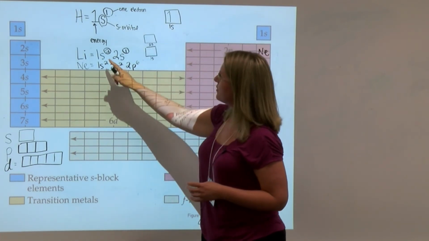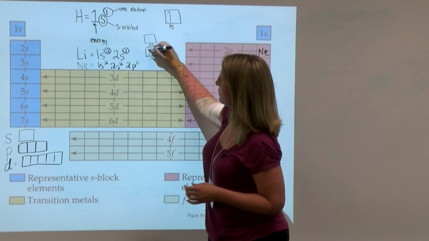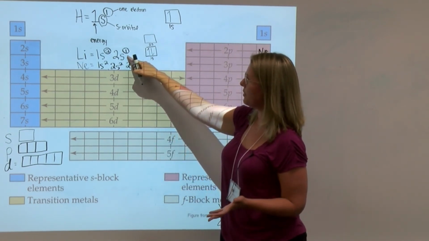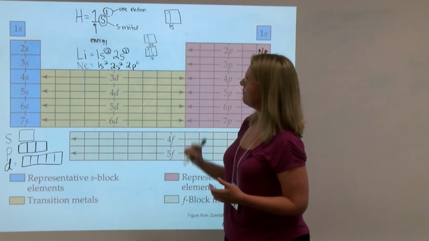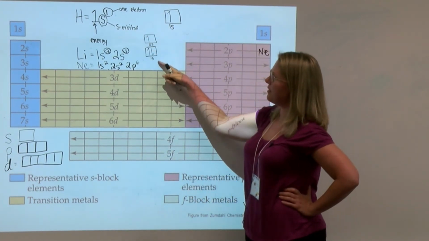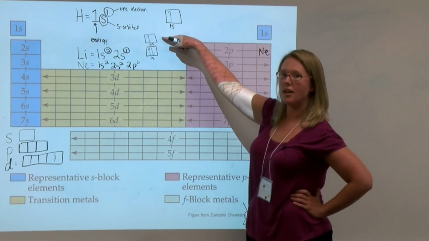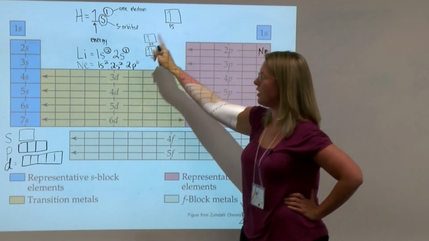In the 1s we have 2 electrons. Pauli exclusion says they have to have opposite spins, up, down, like that. In the 2s orbital, or box, I'm only going to put 1. These electrons are at lower energy and they're paired. This valence electron is at a higher energy and it's not paired with another electron.